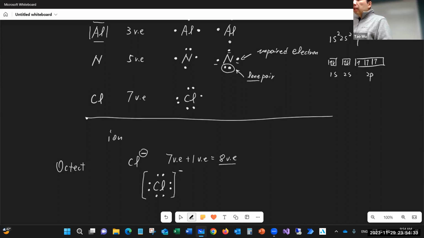Okay, and if you have dots and a charge, then you have to use brackets to separate the charge and the dots. This is very important. Remember, this notation was developed before we had computers, so everything is handwritten.